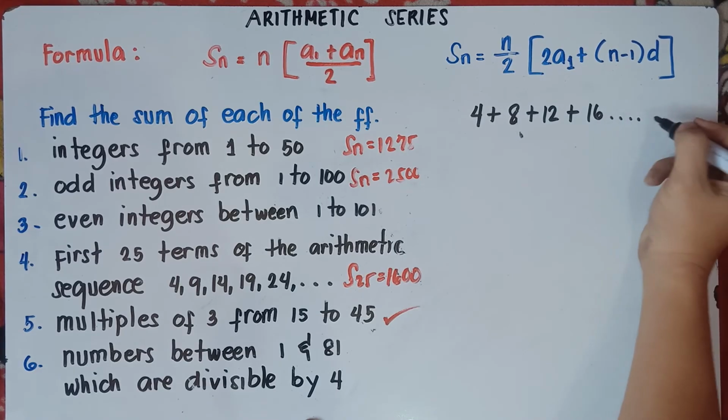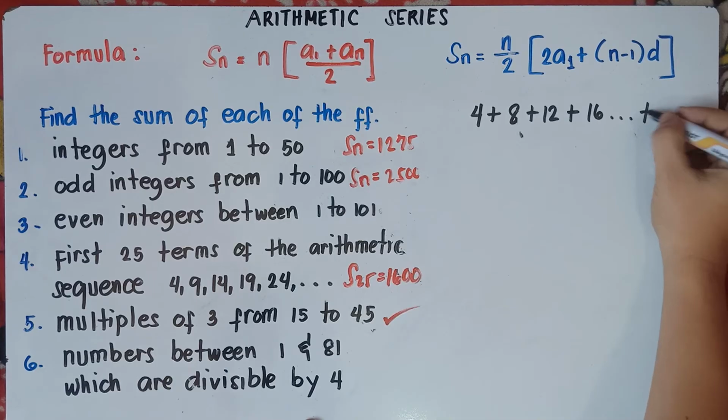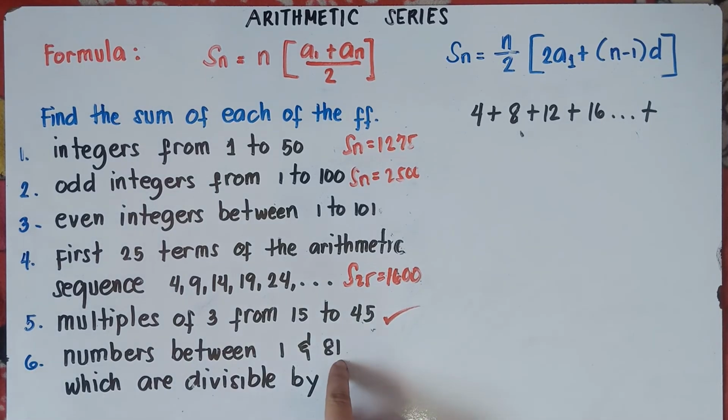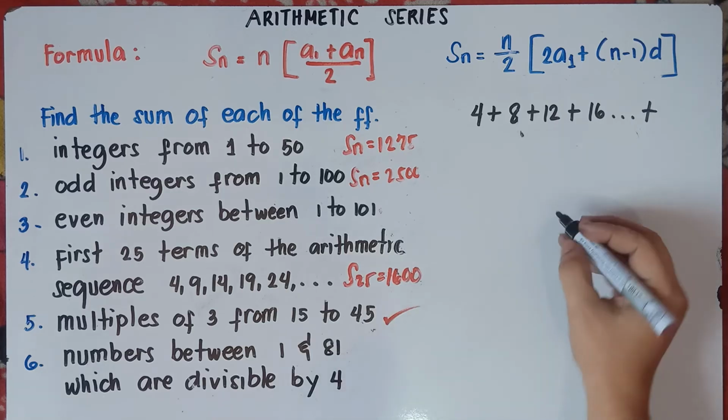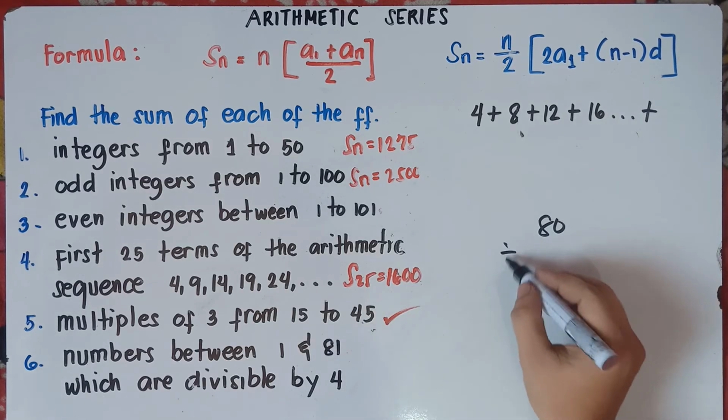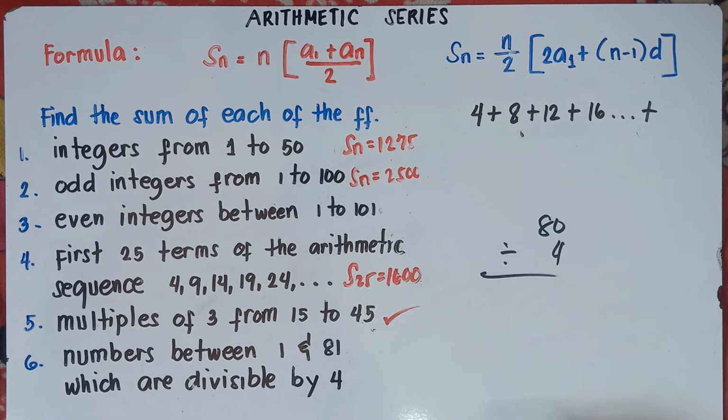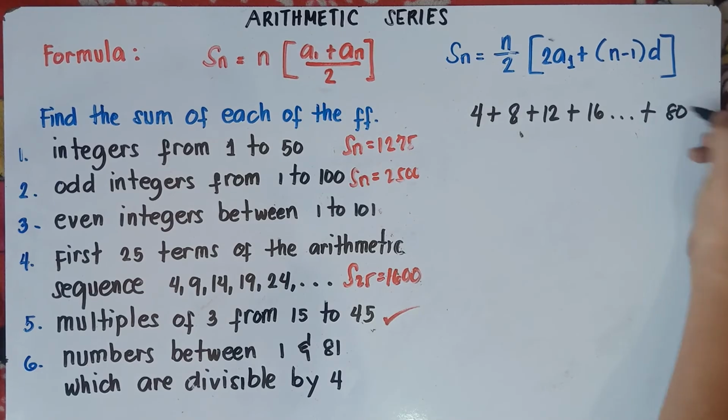What else? What would be the last number, class, before 81? Of course, the number that is divisible by 4, that would be 80, right? Because 80 divided by 4 is 20, and 20 times 4 is 80. So the last number should be 80.